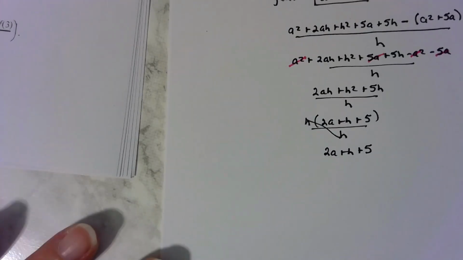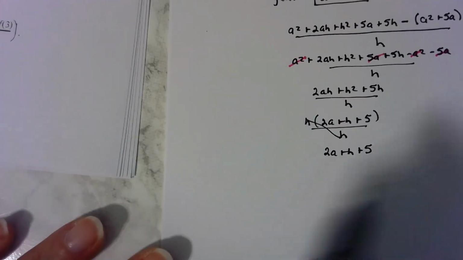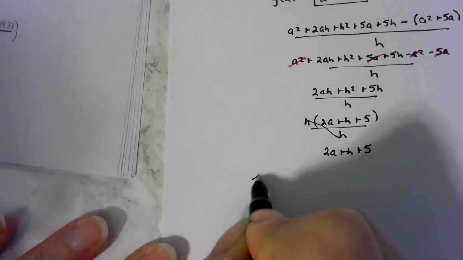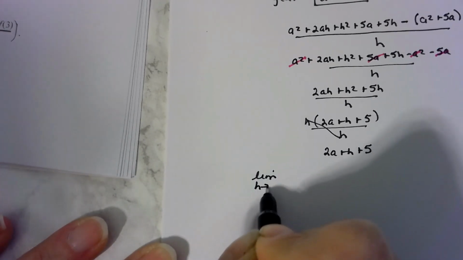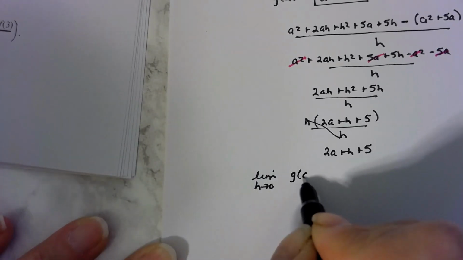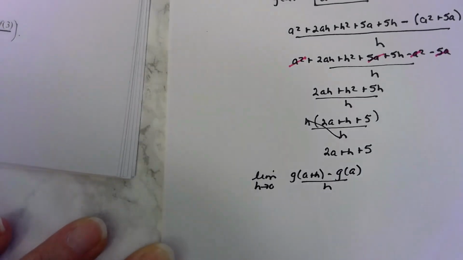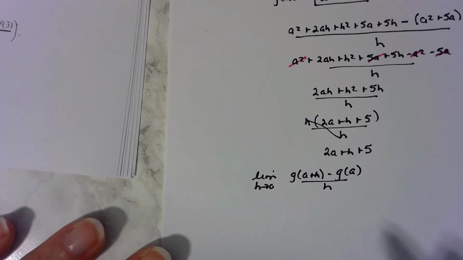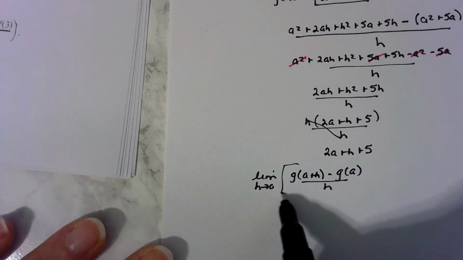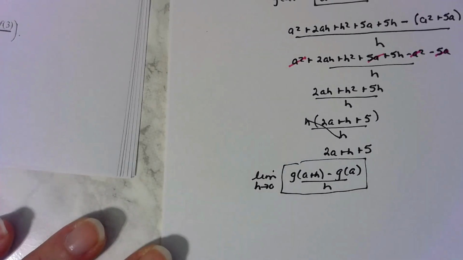In part B, they want us to find a formula for the derivative. Well, look, the formula for the derivative is the limit as h approaches 0 of g of a plus h minus g of a all over h, right? We know this. So what you've done up here is you've taken care of this part already.